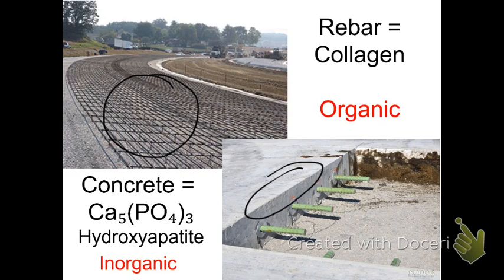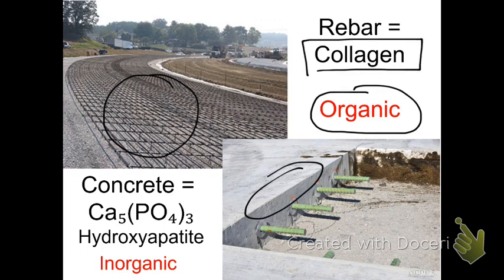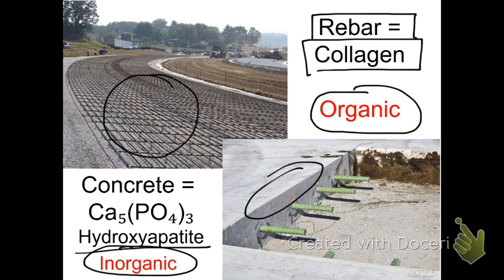Well, that's sort of how our bones are put together. We have that 1/3 organic component, primarily made up of collagen, and that's like those strong steel bars of the rebar. In addition to that, there is the concrete. That is the inorganic component made up of hydroxyapatite.